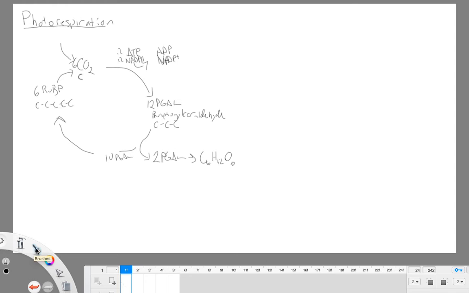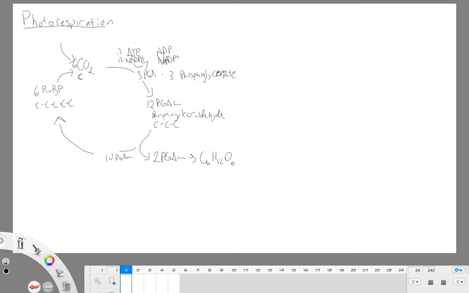So technically, the first thing that is created is something we can call 3PGA, or 3-phosphoglycerate.